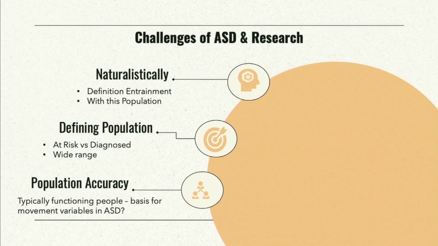Another challenge quite relevant for the topic that we are touching upon these days is how well our movement studies of typically functioning people actually provide a basis for movement variability in people diagnosed with ASD.